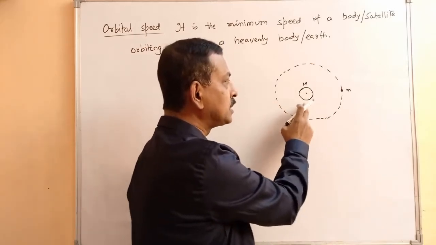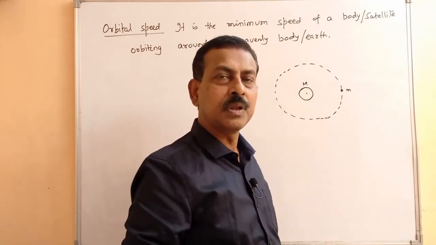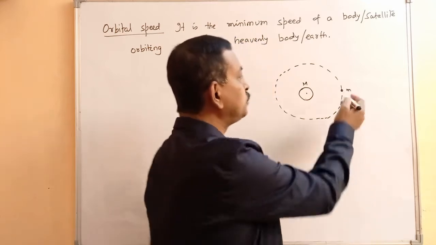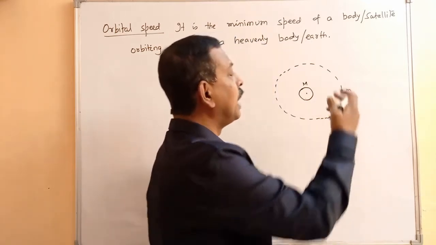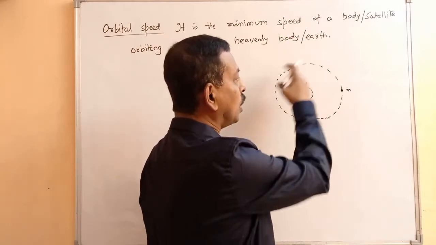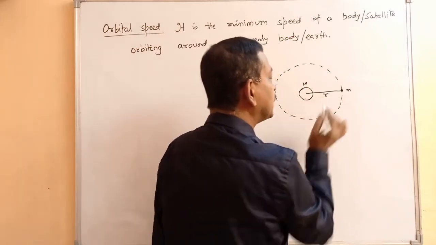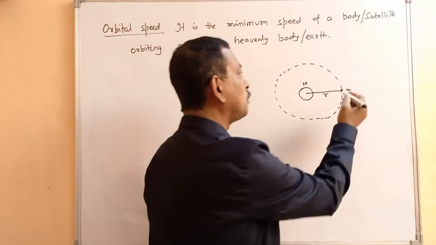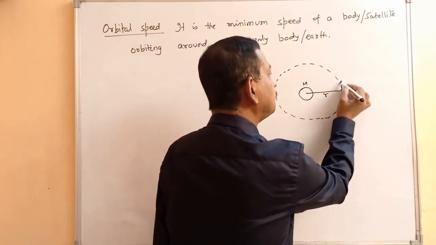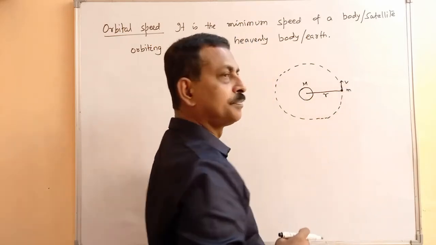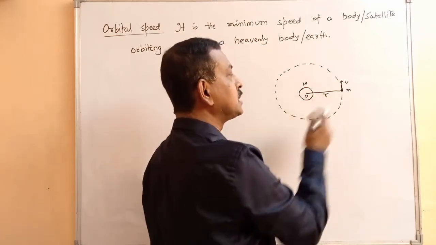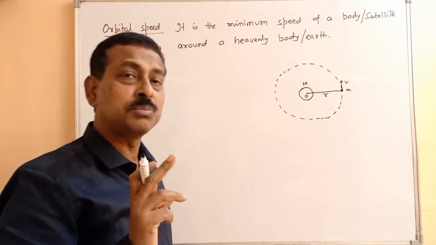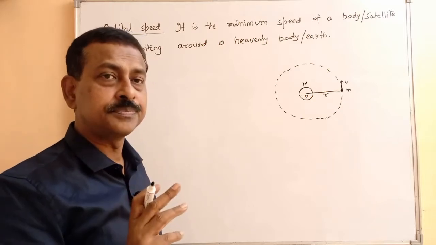Suppose M is the mass of the heavenly body or Earth, around which we have another body of mass m, and it is orbiting in an orbit of radius r, and suppose its velocity is v. Here we have assumed that the distances are from the center of the heavenly body or Earth.